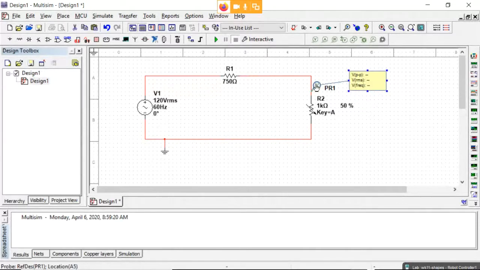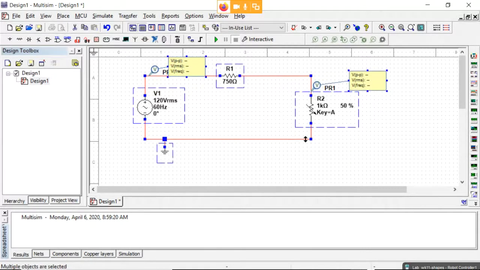Now what I do, once I select what I want to view, whether it's peak to peak or DC or whatever, is I like to just copy this probe instead of grabbing another one. I'm going to grab all this and slide it down here just a little bit.